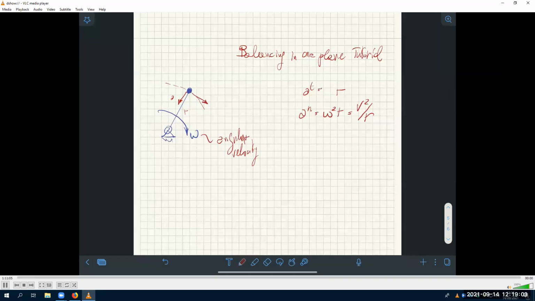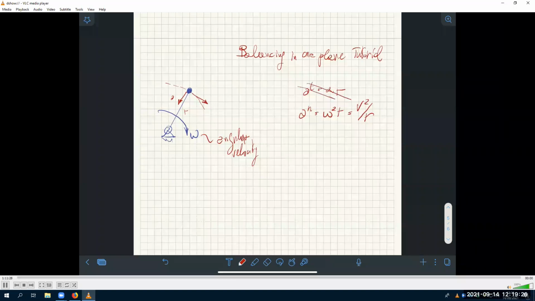Last year we called this alpha. Now it's better if we start calling it omega dot, so you also know where it comes from. It's the same thing. Omega is constant, so this one is always 0 because a shaft is rotating at constant speed. So there is no tangential acceleration, but there is a normal acceleration.